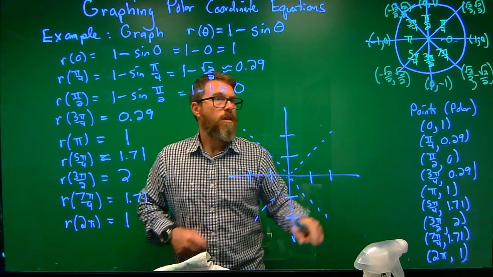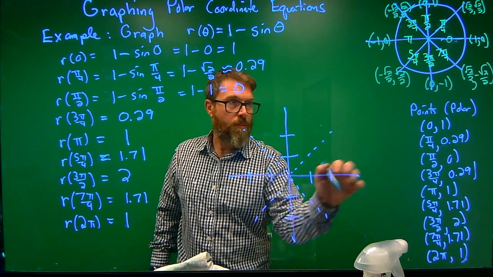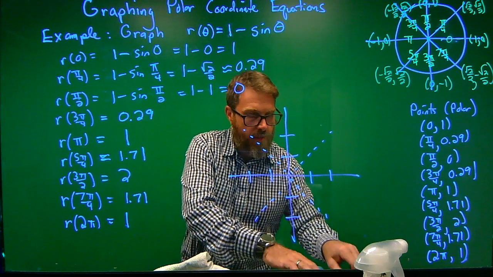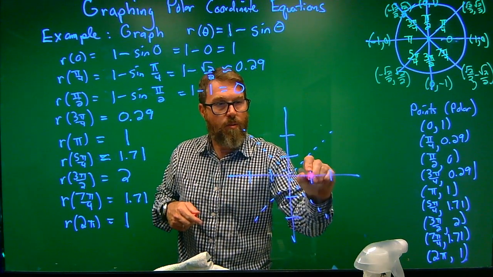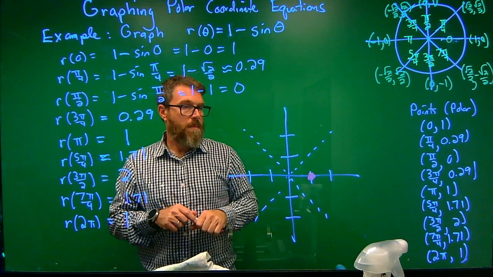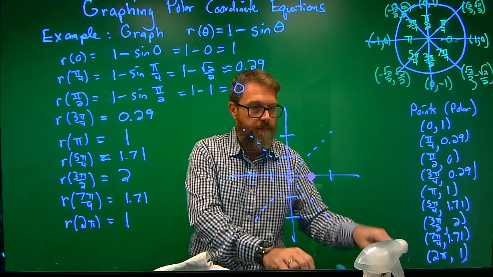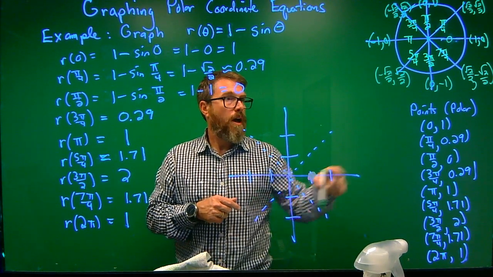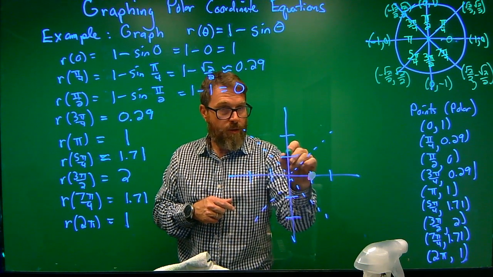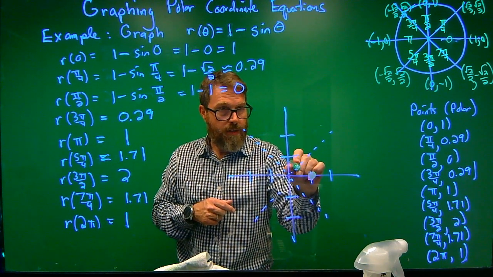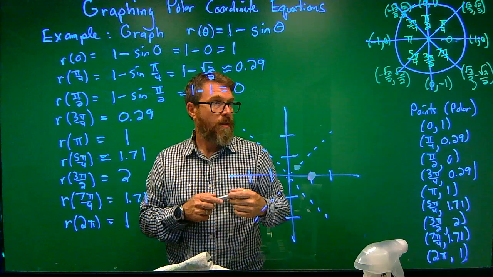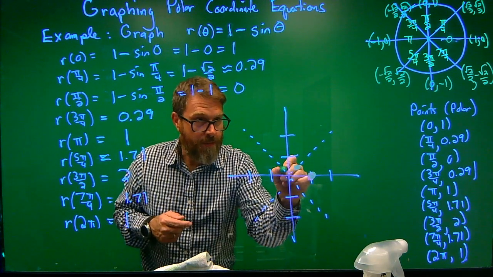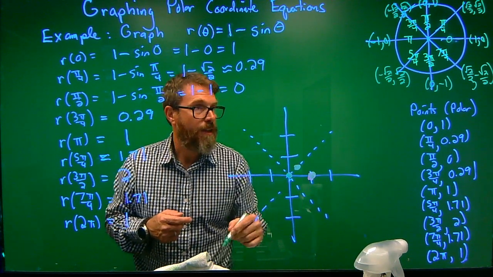Okay, so the first one is going to be on angle 0, but it's got a radius of 1, so it's going to be right here. So angle 0, radius of 1. Next is going to be pi over 4, 0.29. So this would be 1 unit away, so 0.29 is going to be about right there. Then I'm going to have pi over 2, 0, which is going to be right here.